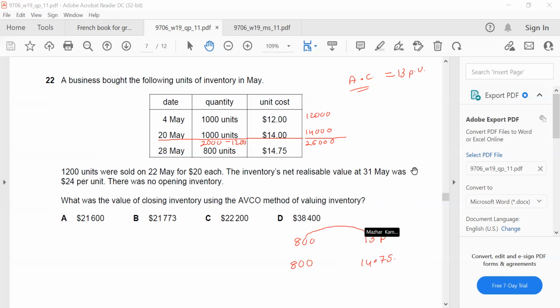So 800 into 13 is 10,400 and 800 into 14.75 is 11,800. So you have 1,600 units. And what is the average cost? 11,800 plus 10,400, this is 22,200.